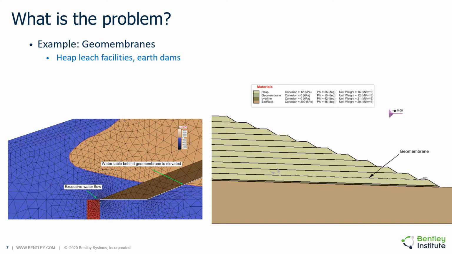Sliding along the geomembrane must be considered in the analysis. Likewise, it can also be demonstrated that pore water pressures can build up in front of or behind the geomembrane in a model and can create adverse pore water pressure conditions to consider. Therefore, the ability to search for a slip surface around structures such as geomembranes is important.